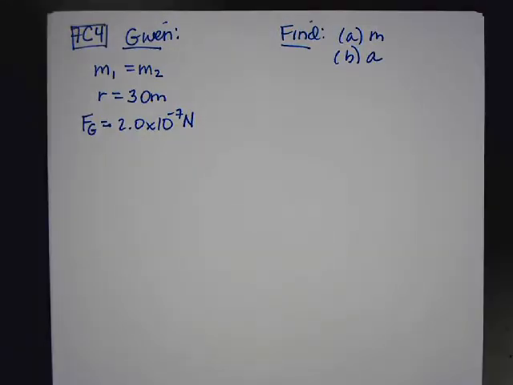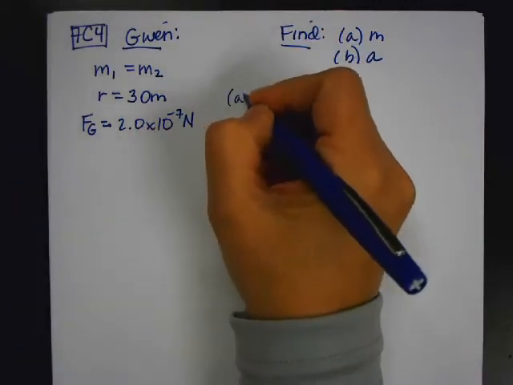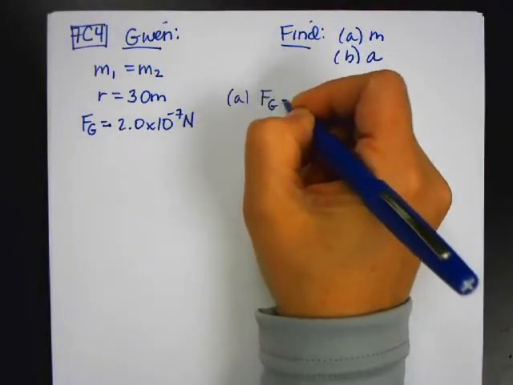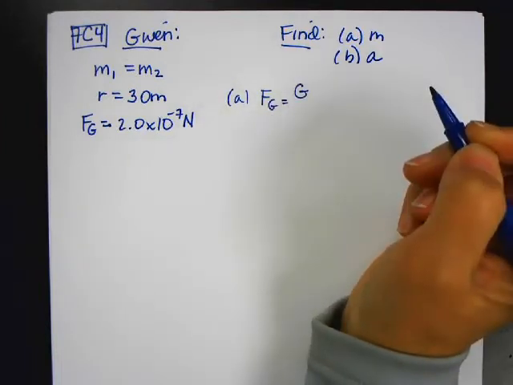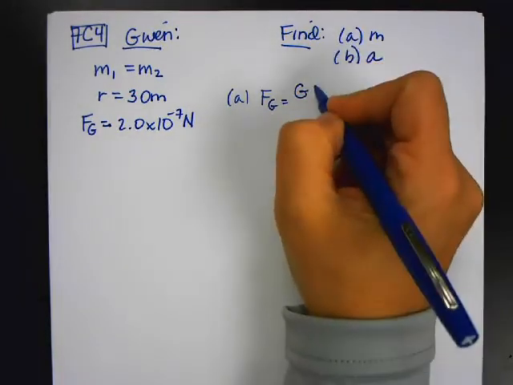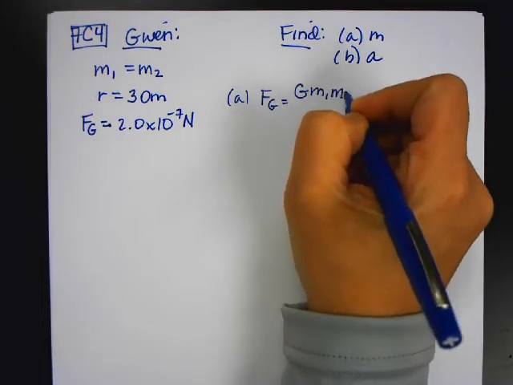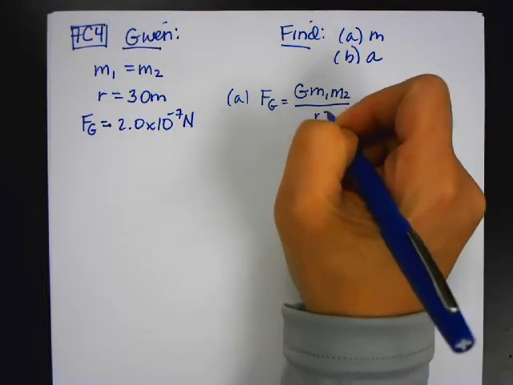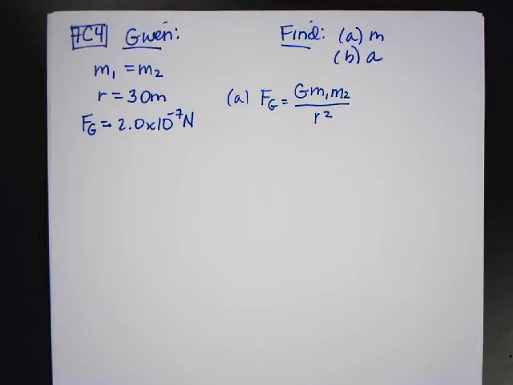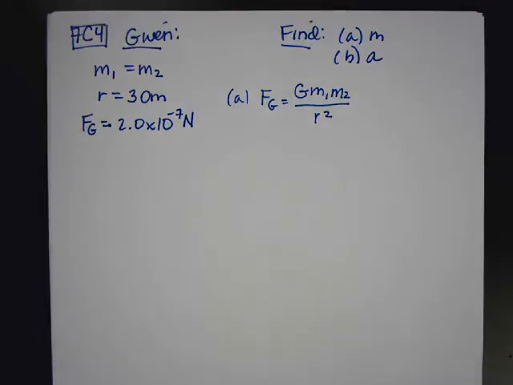All right, where do I start? Well, first of all, I'm going to start with my equation. So I know F of G is equal to big G, the universal Newtonian gravitational constant, M1, M2 over R squared. But what I want to do is solve for M, but I know they're equal.